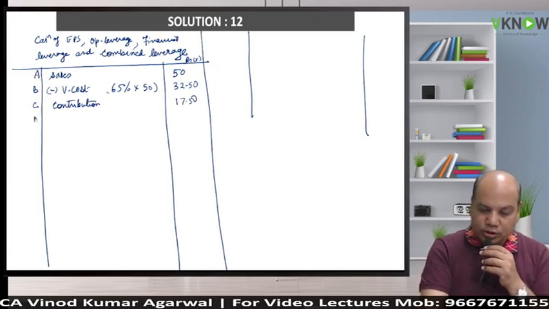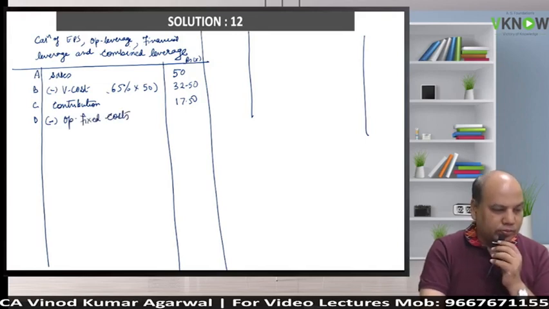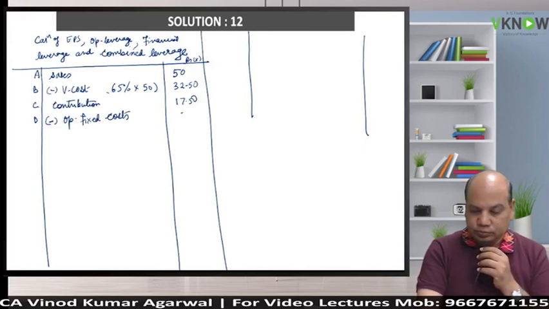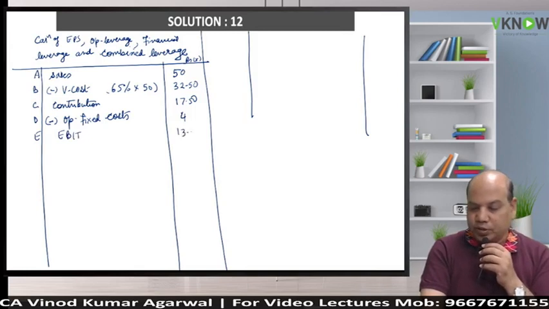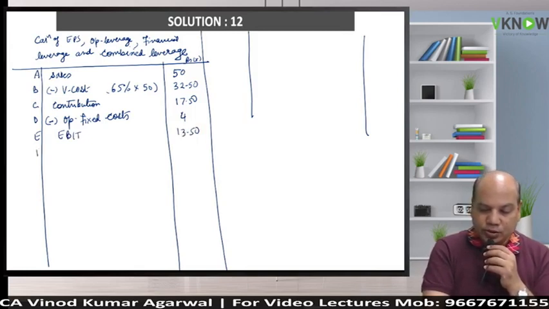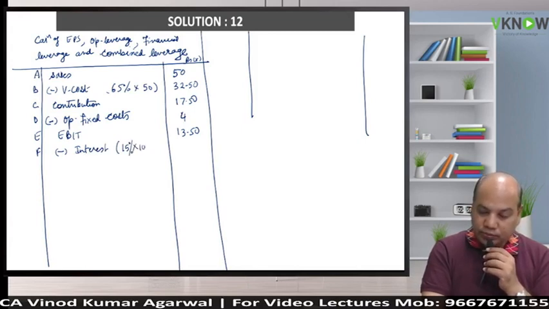Then point D, less operating fixed cost, which is given in the problem. How much? Sir, it is 4 crore. Point E, EBIT, 13.5. Increase the speed now. The purpose of practice is to increase the speed. Less interest. Go to balance sheet: 15% into 10 crore.